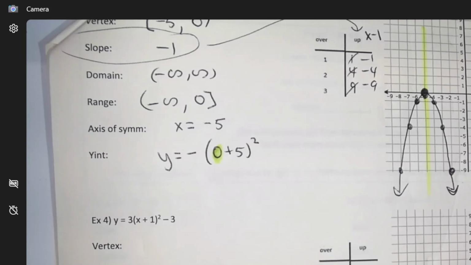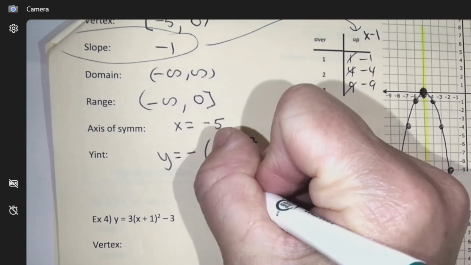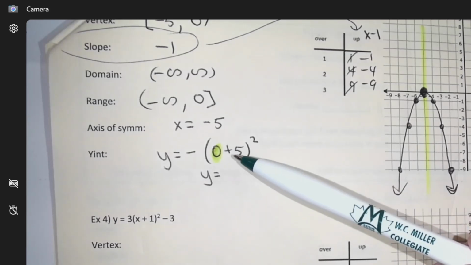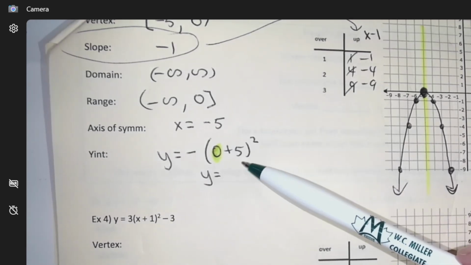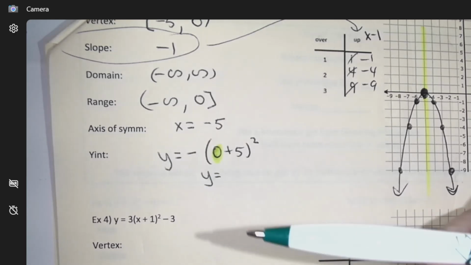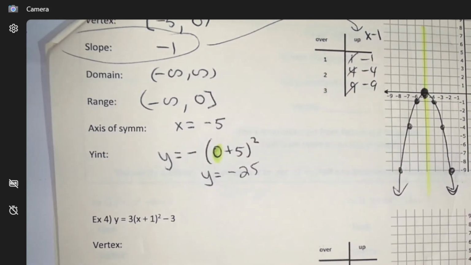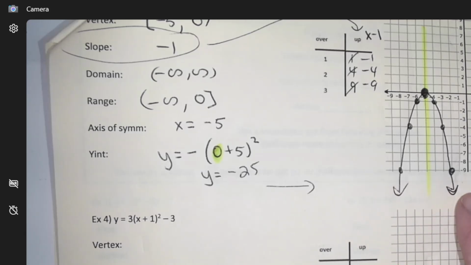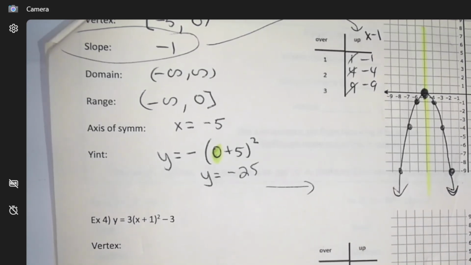That's always the idea. What are you getting out of this value? 5 squared is 25, but then I have to do what? Times. Does that number make sense? Are you looking at your graph? Would it do that? Yeah.